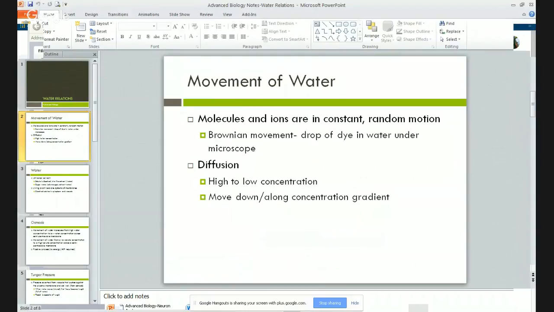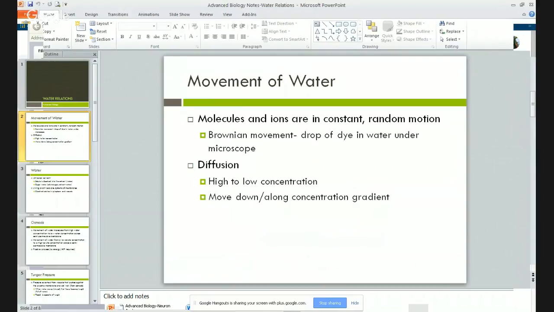So, molecules and ions are in constant random motion. When you have molecules moving around in water, that can be explained by Brownian movement, so just particles moving in liquids.